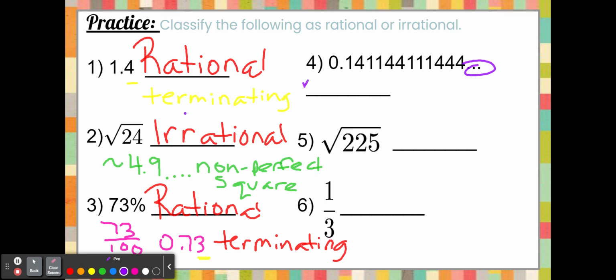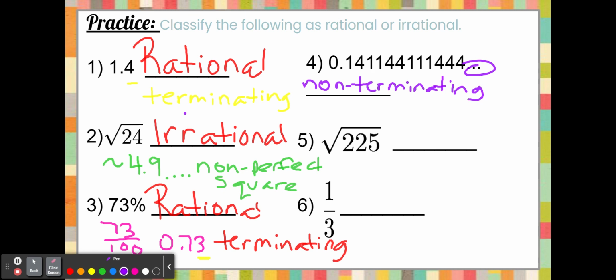So we say it's non-terminating because it continues forever. And not only is it non-terminating, it also has to be non-repeating. So you may think this is repeating because of the values. You only see the numbers 1 and 4.